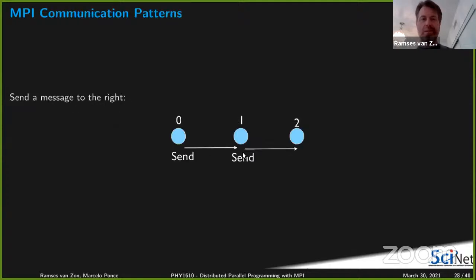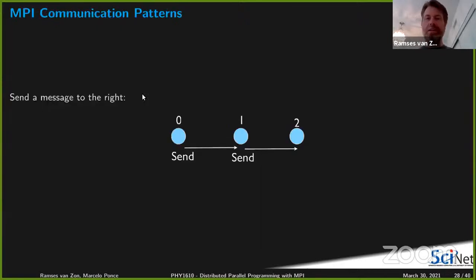Okay, so let's do one more example, and then we'll stop for today because I have to get going on the Niagara at scale. Let's see how we can send a message to the right, and not just one process, but every process sends its message to the right. That's one typical communication pattern.